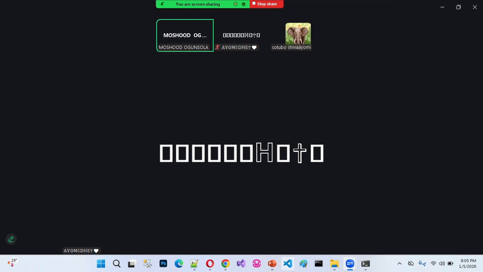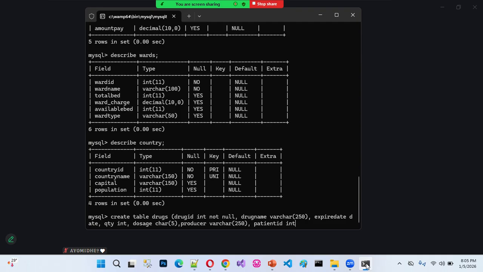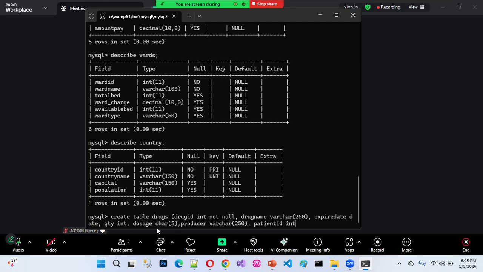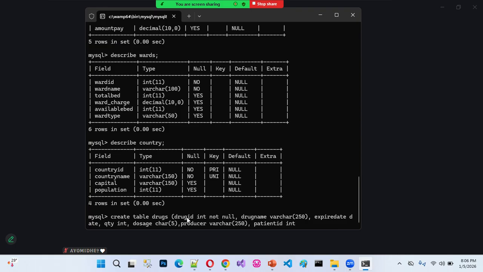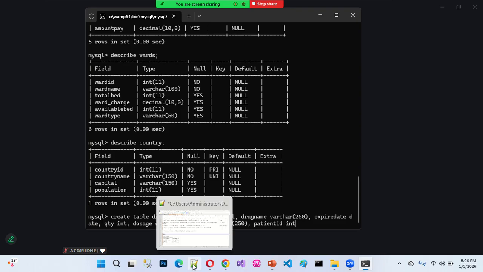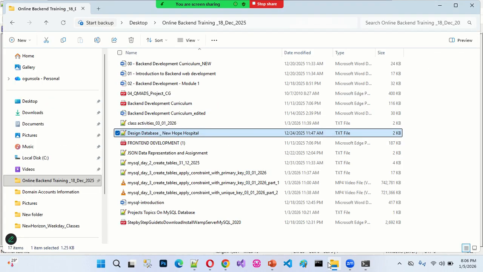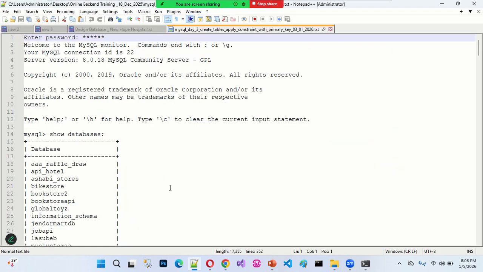Okay, no problem, Ayomi. So the next thing now to do is just to make sure this drug ID must have a primary key, and also we have only one foreign key here. Before that again, remember how we created our last table, because in the last table we have seen how to apply the primary key constraint too.